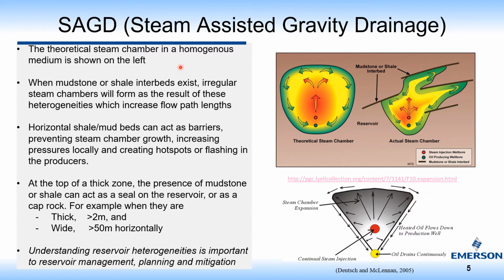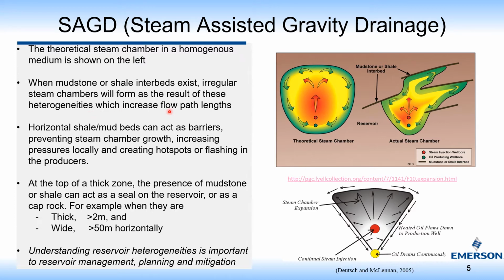The theoretical steam chamber in a homogeneous medium is shown on the left here with a perfect sweep of the bitumen, gravity sweep. When we have mudstone or shale interbeds, irregular steam chambers form as a result of these heterogeneities.